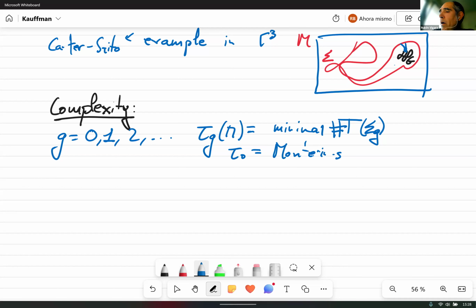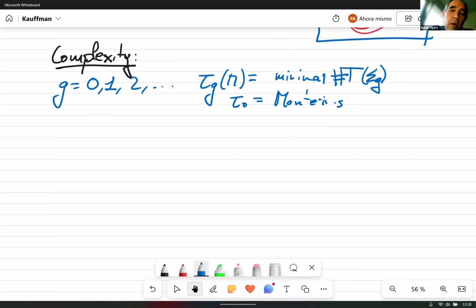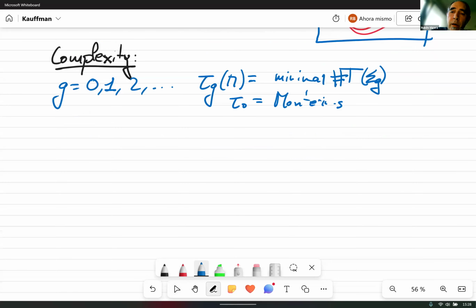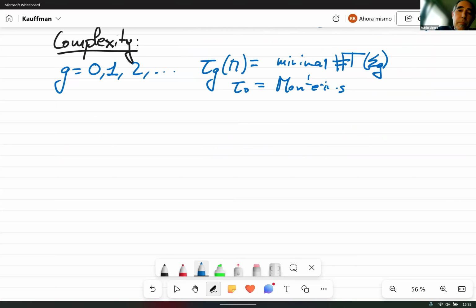Okay, how can we obtain information of the three manifolds from these numbers? How is this measure of complexity? For the Montesinos complexity, we have a theorem that it is subadditive under connected sum.